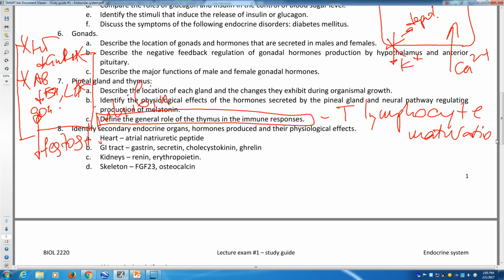Now for secondary endocrine organs: stimulus, hormone, effect. For ANP, what's the stimulus? Think about the name. Natriuretic. Natri, the same as for sodium. So it puts sodium where?